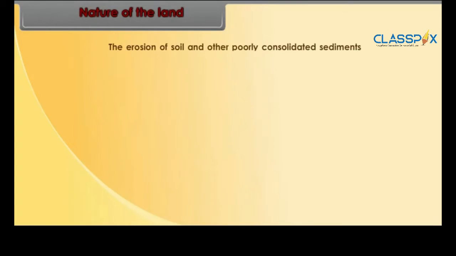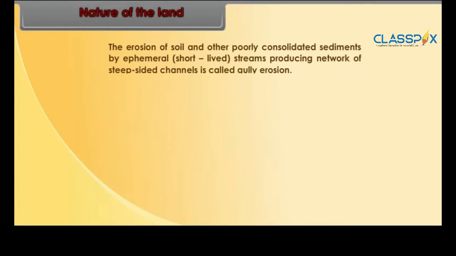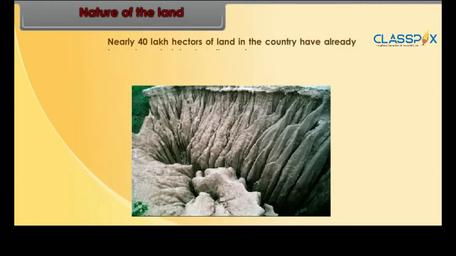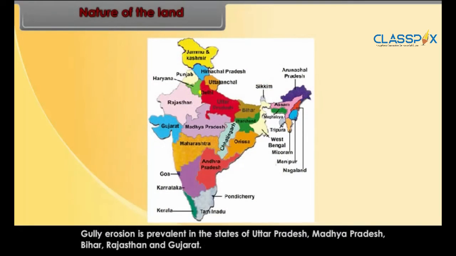The erosion of soil and other poorly consolidated sediments by ephemeral, that is short-lived streams producing a network of steep-sided channels is called gully erosion. Nearly 40 lakh hectares of land in the country have already been degraded due to gully erosion. Gully erosion is prevalent in the states of Uttar Pradesh, Madhya Pradesh, Bihar, Rajasthan and Gujarat.